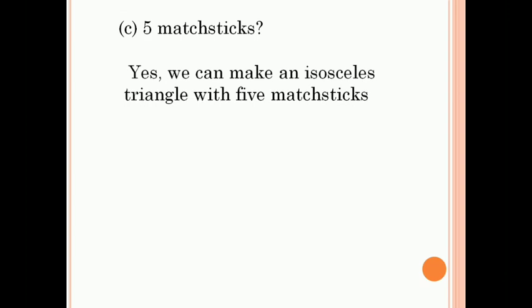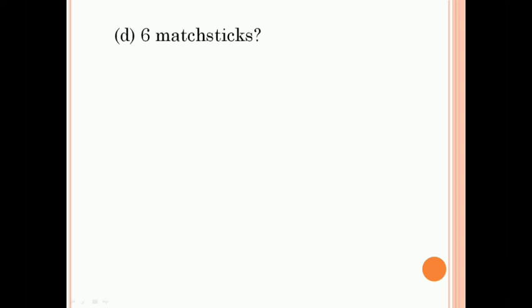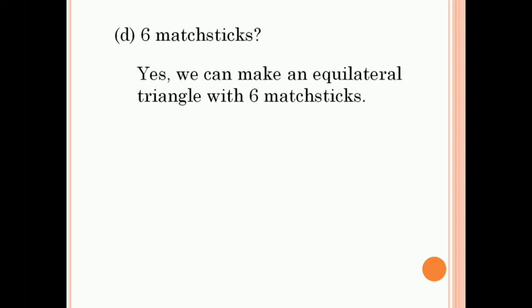Yes, we can make an isosceles triangle with 5 matchsticks this way. So you have to stick the matchsticks in your notebook to make one isosceles triangle. 6 matchsticks? Yes, we can make an equilateral triangle this way.